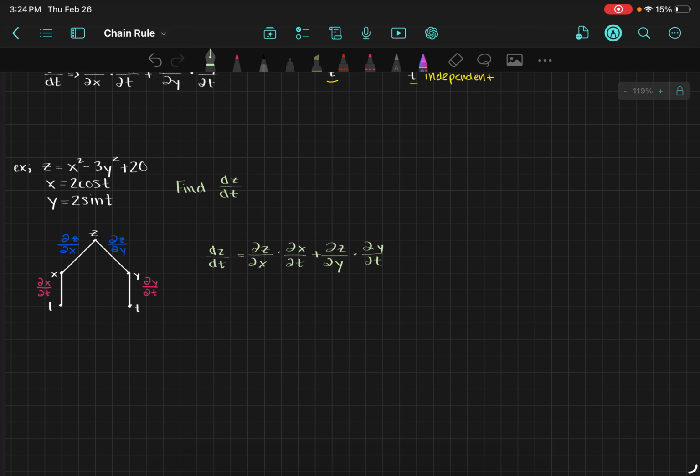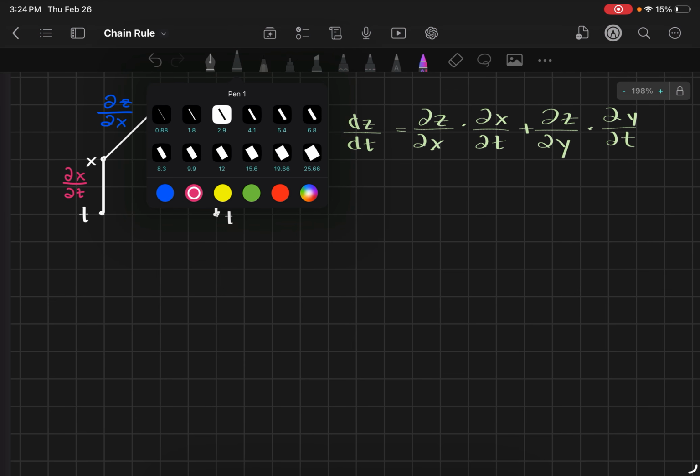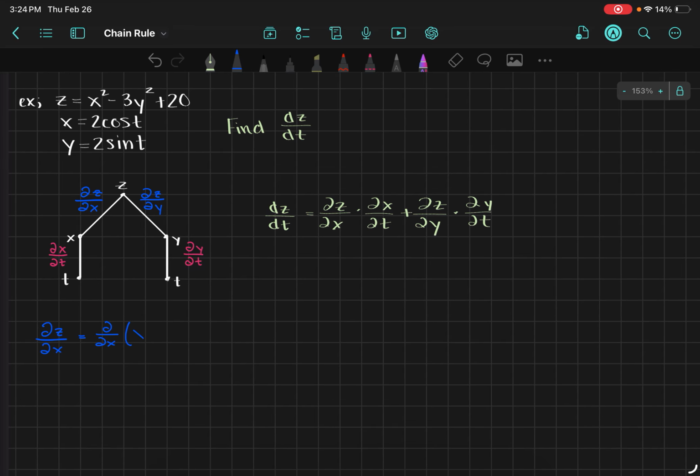Let's go ahead and calculate what our different parts are. We have our dz/dx, which is just going to equal d/dx of our function up here, x squared minus 3y squared plus 20. Recall in the last video, everything in here is held as a constant except for x, so this is going to equal 2x.